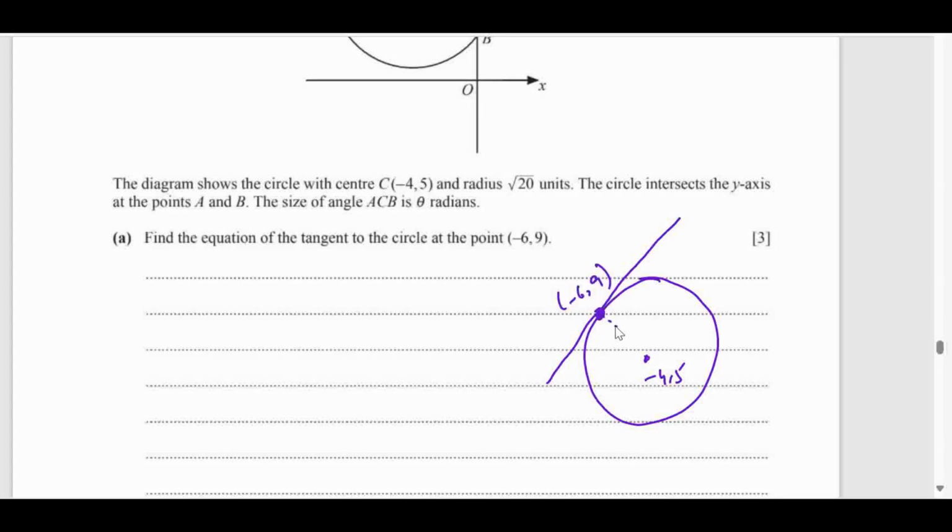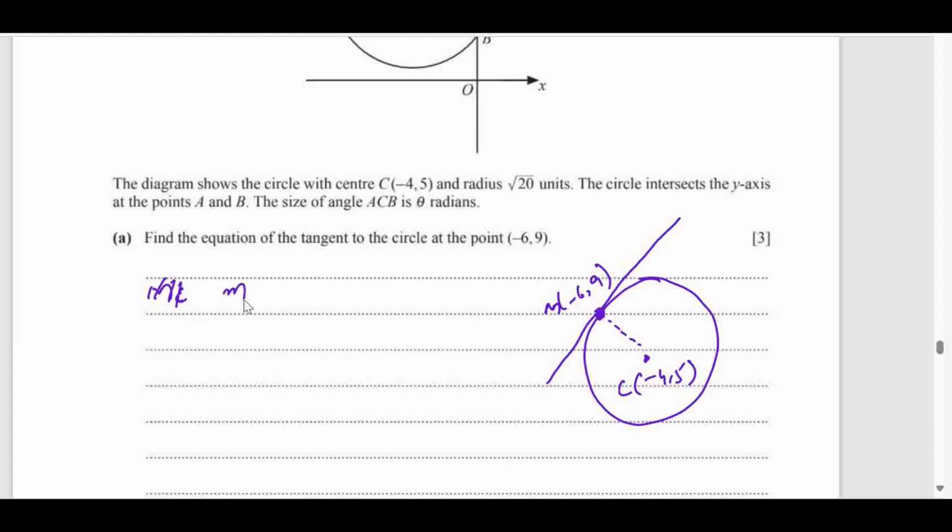So first of all, for an equation, we just need a point and a gradient. So let's first find the gradient of, let's say, point M and the center. Let's find the gradient of MC.